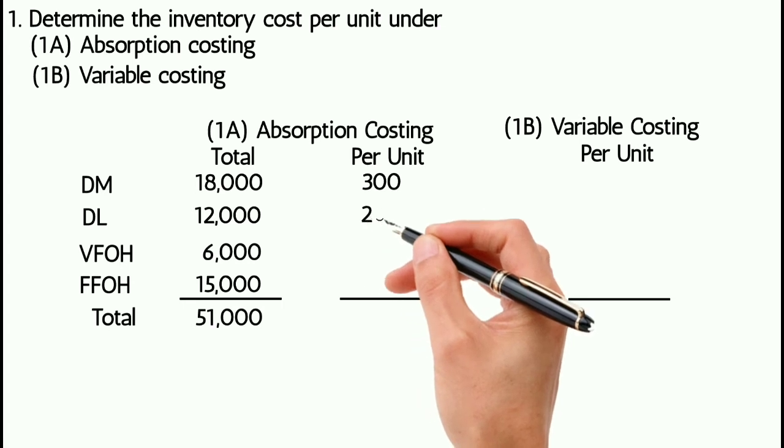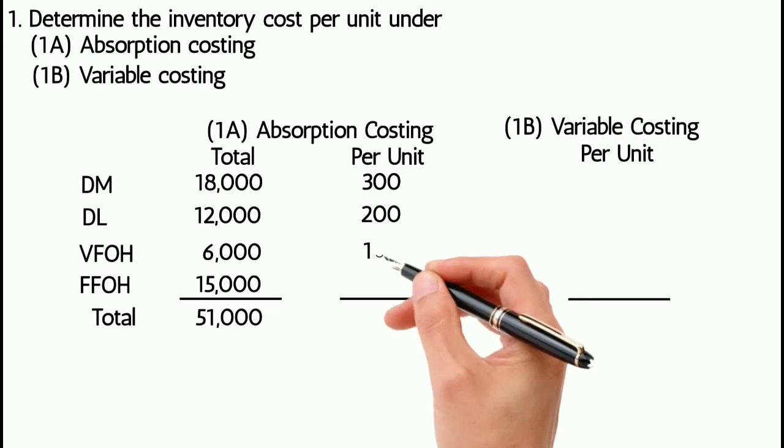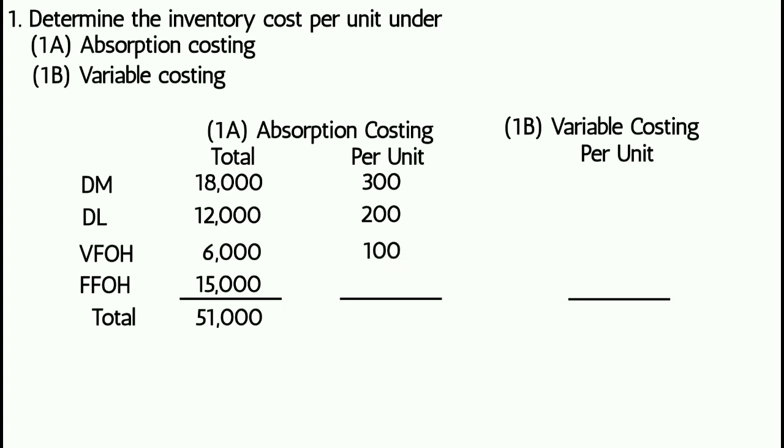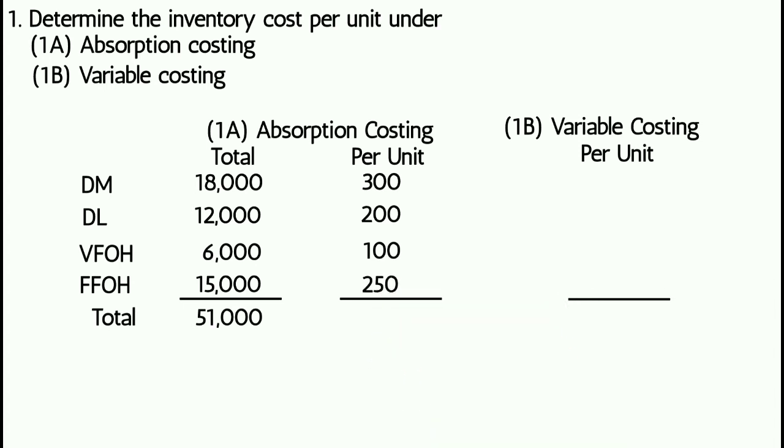That is equal to 200. Next, variable factory overhead, 6,000 pesos divided by 60 units. That is equal to 100. And fixed factory overhead, 15,000 pesos divided by 60 units. That is equal to 250.